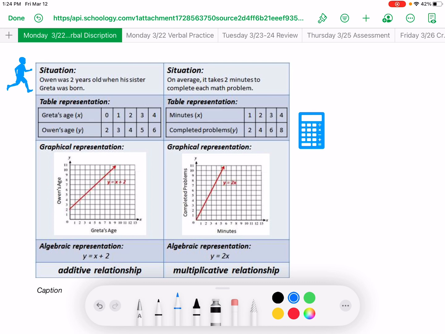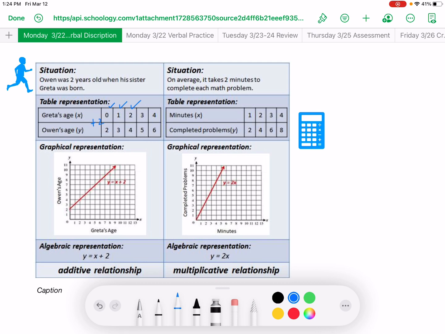When Greta is 2, Owen will be 4. When Greta is 3, Owen will be 5. And when Greta is 4, Owen will be 6. They're adding 2. This has to happen for 3 terms in a row, 1, 2, 3, for it to be a pattern, a rule. The rule is you are adding 2 here, and it's additive.